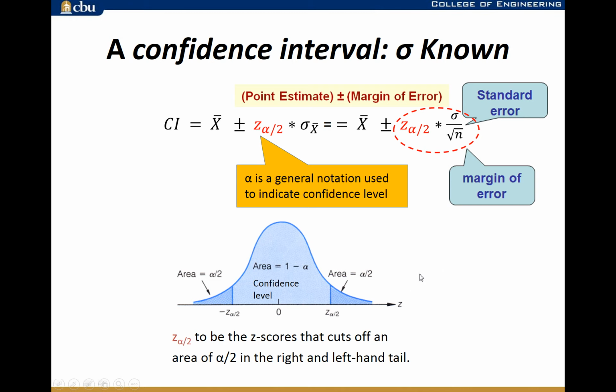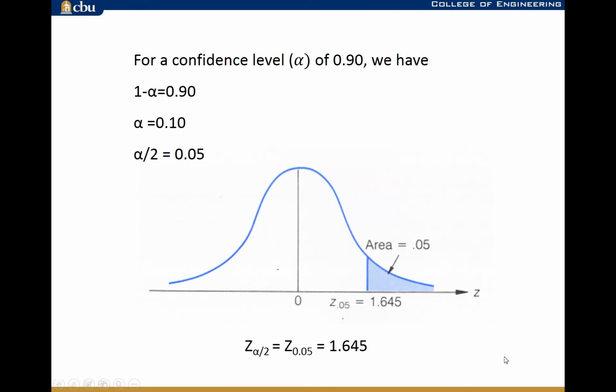Okay, so the confidence level can also be changed to 90%, right? If you change to 90, as we did before, this tail will be equal to 0.05 here, and the other 0.05 is here. So the total is 0.1. Alpha is equal to 0.1, and it is divided by 2.